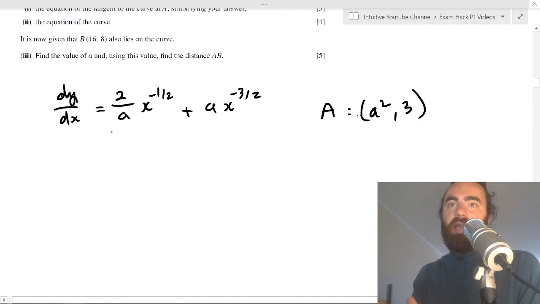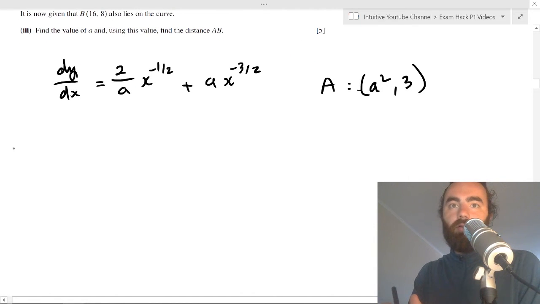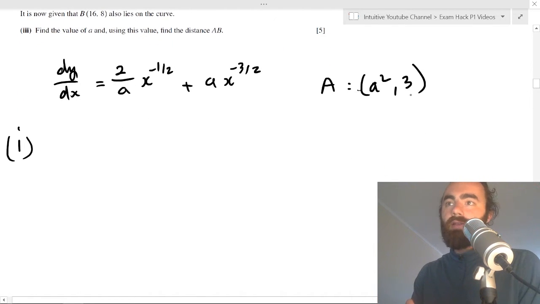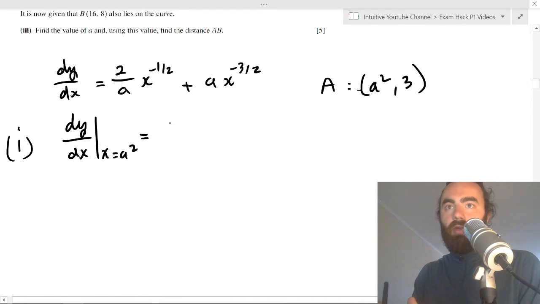Well, this is the differential equation of the curve. If we want to find the tangent at A, this expresses the gradient at any point on the curve, any x coordinate. So if we want the gradient at A, we simply substitute in a squared here.